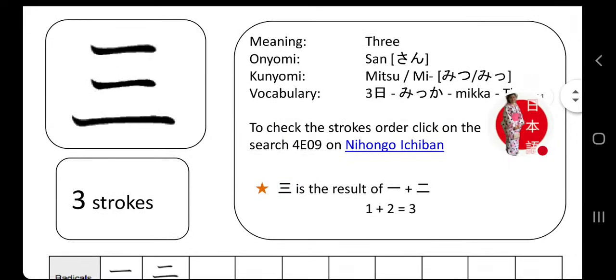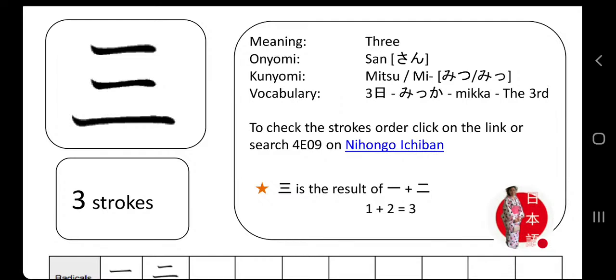Okay, so this is the third character. Very easy, right? For our first character, 1 line. For ni, number 2, is 2 lines. And this one, san, has 3 lines for 3 strokes.